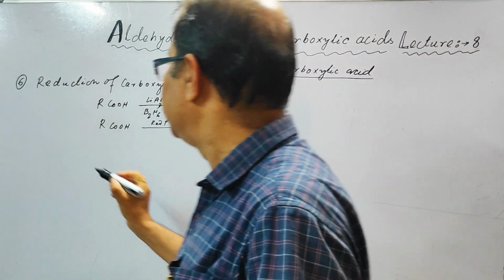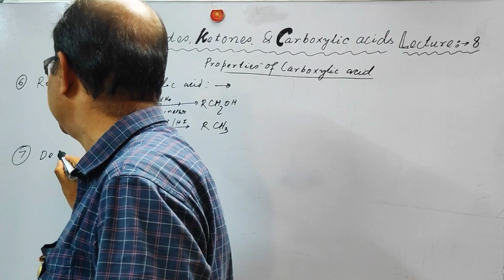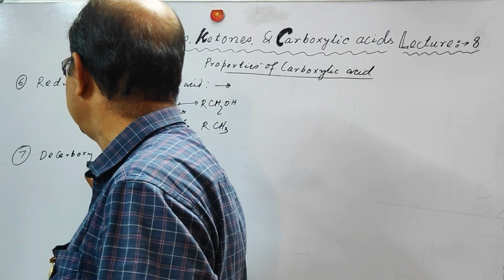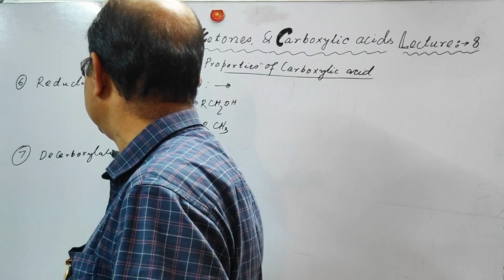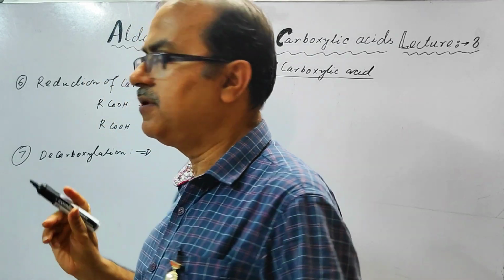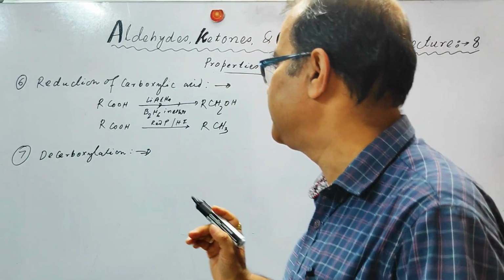Okay. 7th reaction, that is the very important decarboxylation reaction. In this case, carbon dioxide from the carboxylic group has been eliminated.